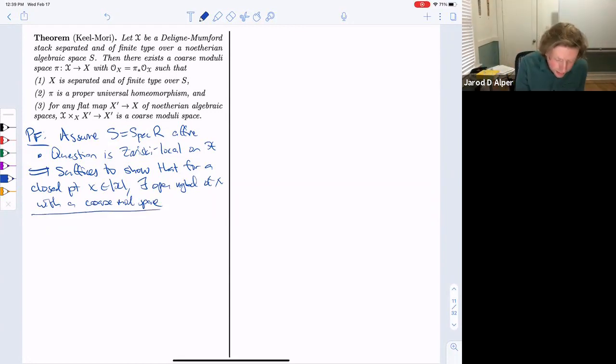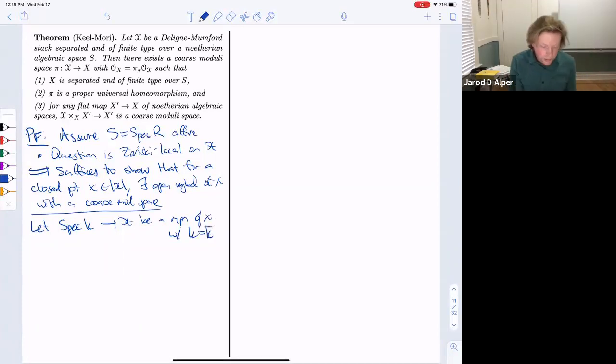And so let's choose a representative of this point. A representative of X, and let's take it to be a geometric point, and then set G to be the stabilizer of this point. So it's a finite group.